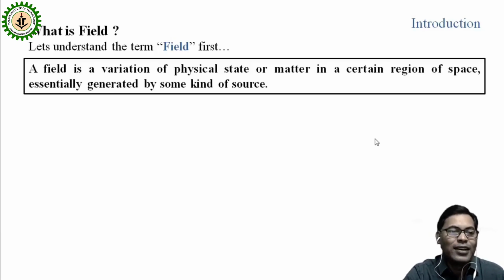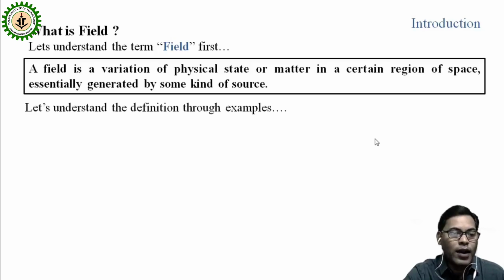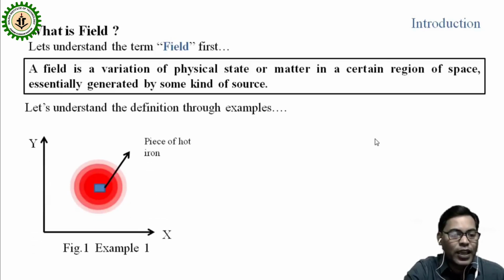To understand the definition of the field, here we are going to consider two examples. Number one, you can see that in example 1, we have a piece of hot iron placed in a two-dimensional coordinate system.